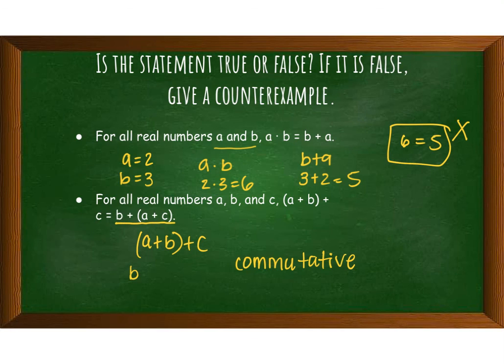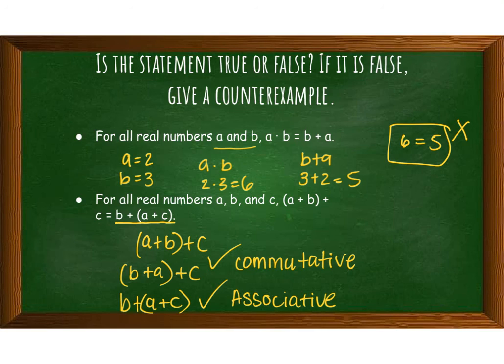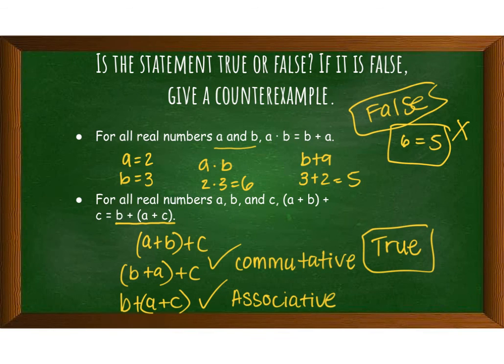Let's go ahead and put B first. And then next, it regroups, so it has A and C in parentheses. That would be using the associative. So this would then be B plus A plus C, which is exactly what we wanted. So using our properties that we just learned, we can say that this is true. And this one was false, sorry. You should gather that it was false by the X, but we'll write it in there anyway.